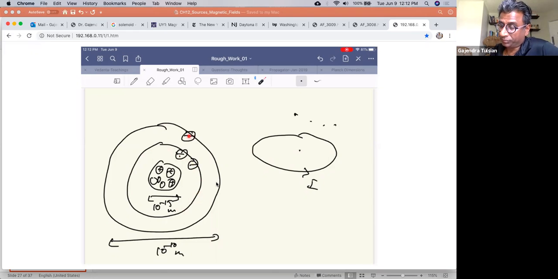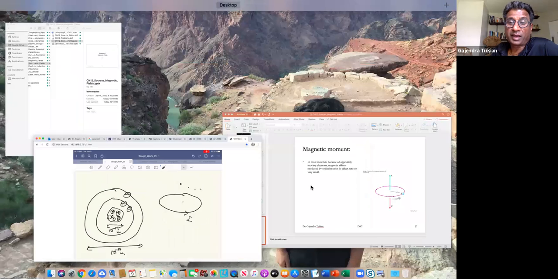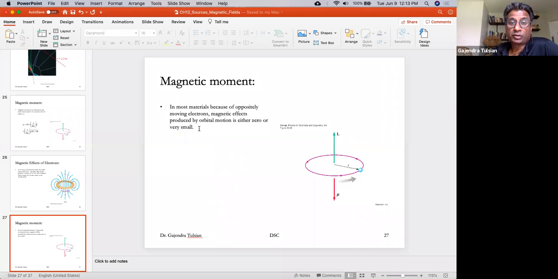So orbital motion. And if there's a single electron, it's in an s orbital, and then its magnetic moment is zero. Okay. So that's what happens. So in an atom, most of the orbital motion cancels out. In most materials, because of oppositely moving electrons, magnetic effects produced by orbital motion are negligible.